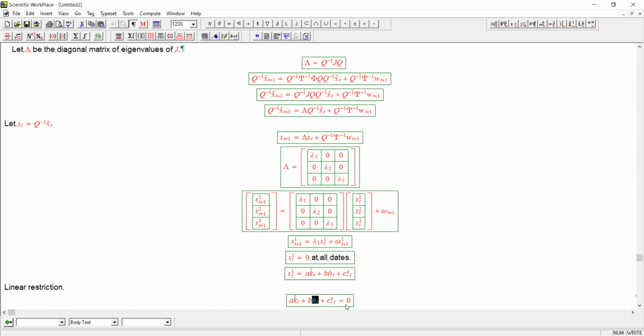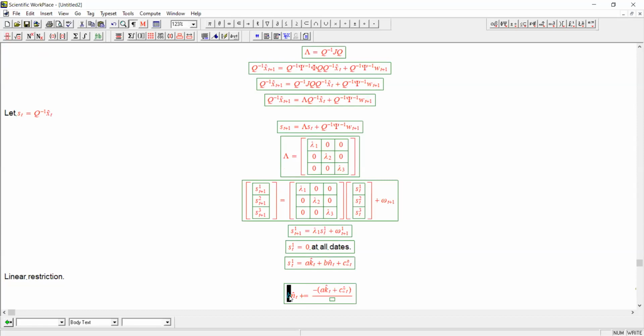But this equation tells us what labor must be. It must be this. And that's it.